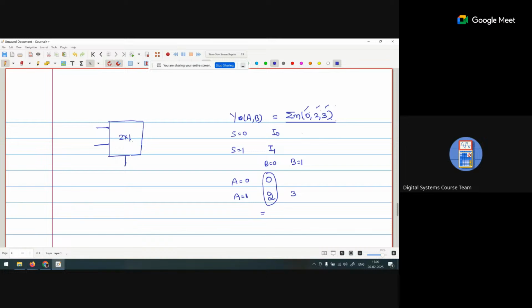If I talk about 0 and 2, the value of B is always constant, so can I represent it as B bar? Why? Because the A value is variable. 0 and 2 create a group. In this group the value of A is initially 0 and then 1, so the value of A changes.